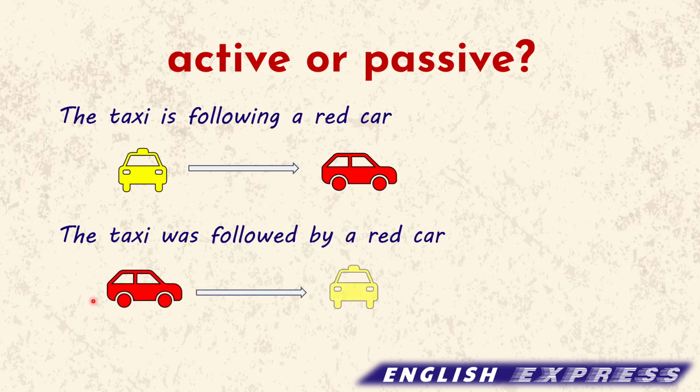So it would be that the red car is following the taxi, or the other way around, the taxi was followed by a red car. See? So remember, if this very first thing is doing the action or receiving the action, that's the active or the passive.